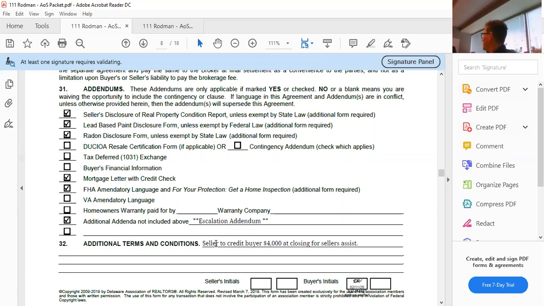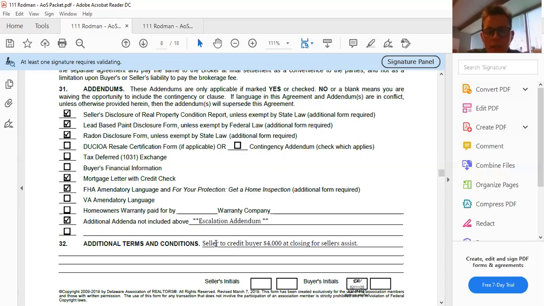Because if you don't put that in here and the buyer signs a disclosure and accepts that the roof is 45 years old, then they go to their inspection and the inspector says there's 47 leaks in this roof. Guess what? Your buyer signed off that the roof is 45 years old and they accepted that. Now you could probably try to get some roof repairs or a credit, but that's going to be a tough negotiation for you.